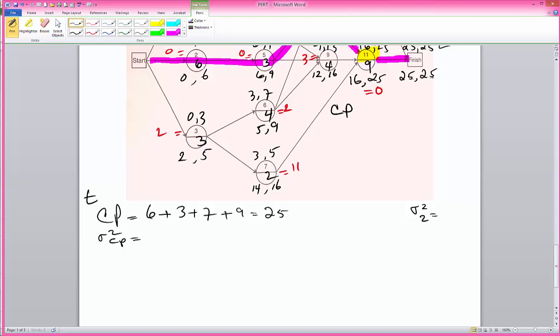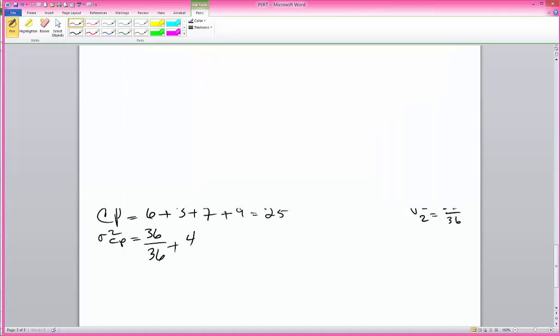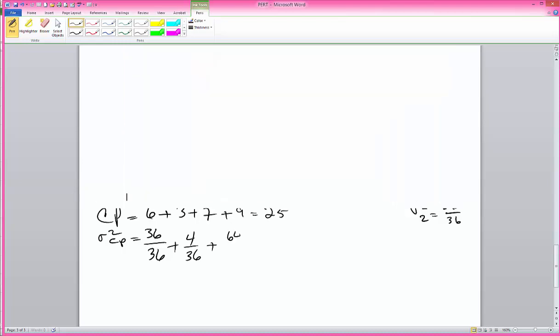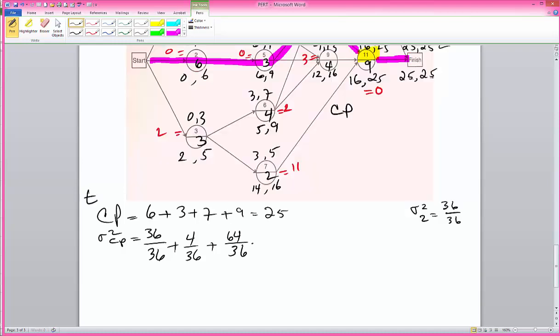So 9 minus 3 is 6. 6 squared is 36. So we get 36 out of 36. The same way, we compute 36 out of 36 for activity 2, 4 out of 36 for activity 5, 64 out of 36 for activity 8, and 100 out of 36 for activity 11.